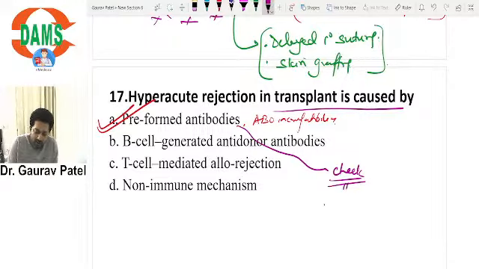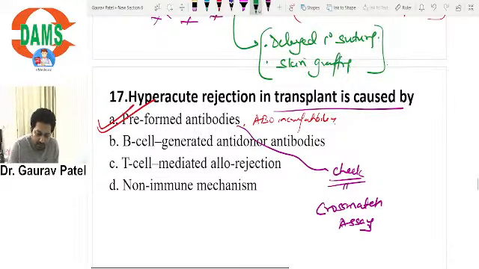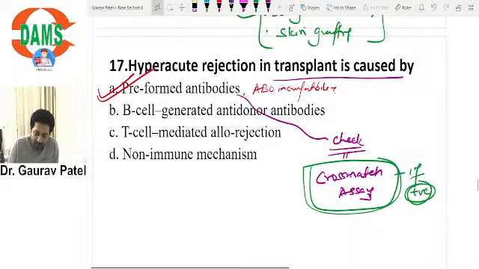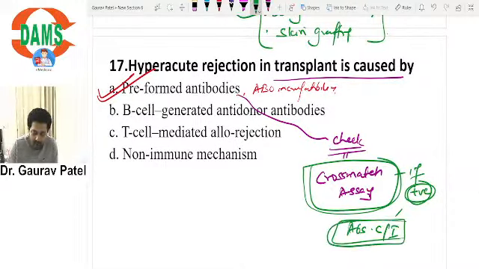So you check by cross-match assay, between the potential donor and the recipient. And remember, if it comes out to be positive, it is an absolute contraindication. You cannot do the transplant in that patient.